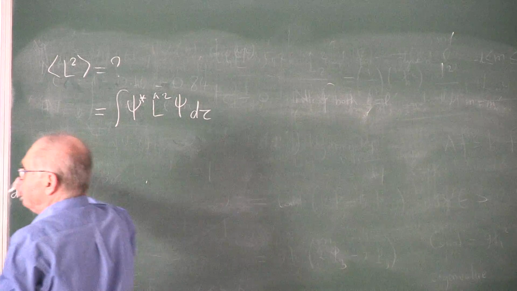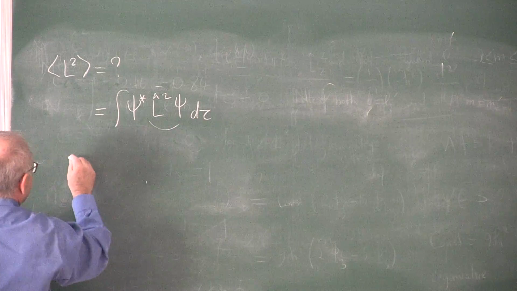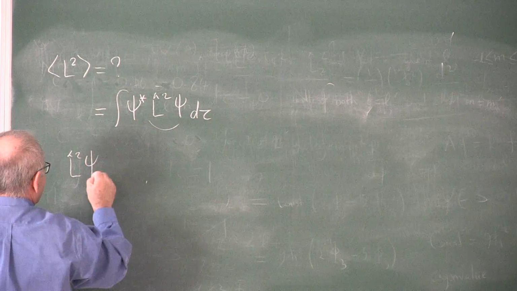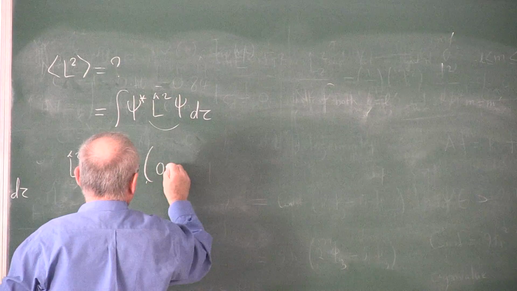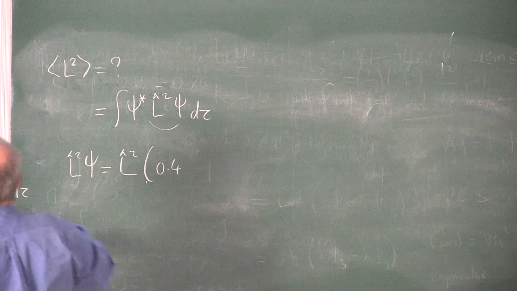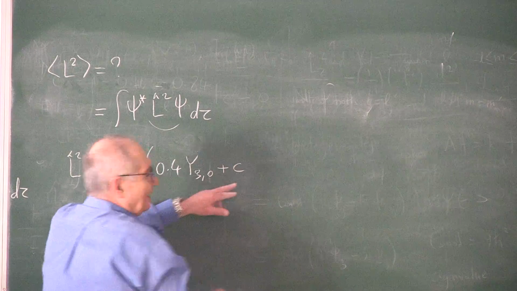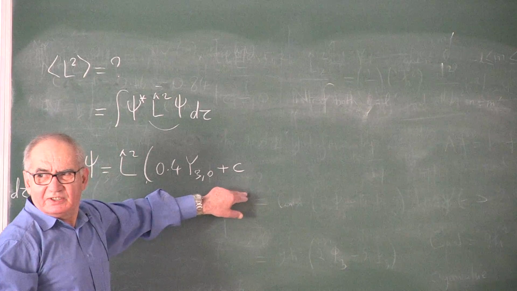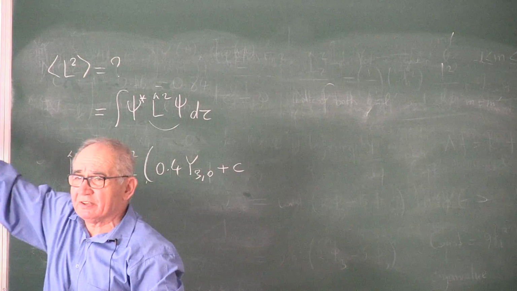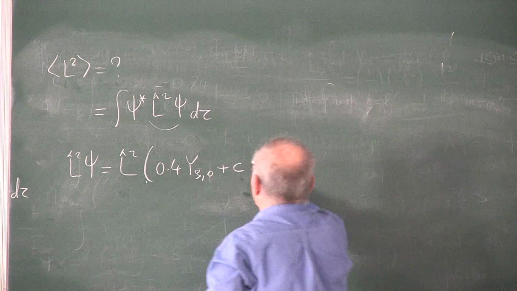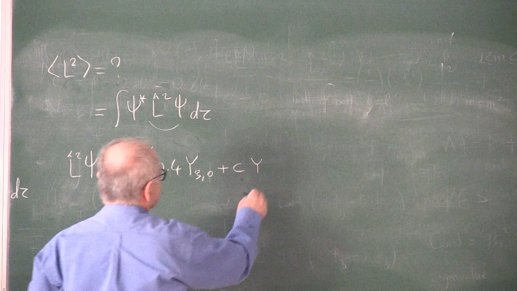Now, we simplify this part first. I'm going to replace c with the number later, but just keep in mind c is either plus or minus square root of 0.84. C times y 2 minus 2.